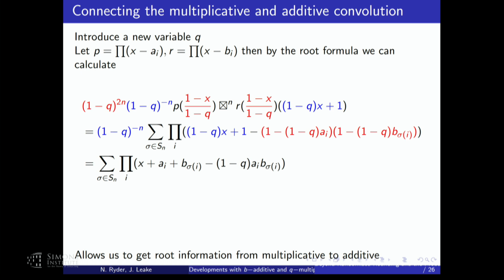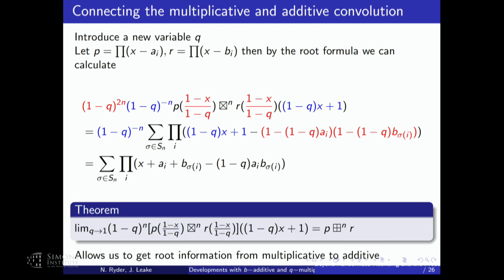I end up with the additive convolution plus some error term that goes to 0 as q goes to 1. So this shows this theorem, that by precomposing and postcomposing by the appropriate functions in q and x and limiting q to 1, I can take the multiplicative convolution to the additive convolution.